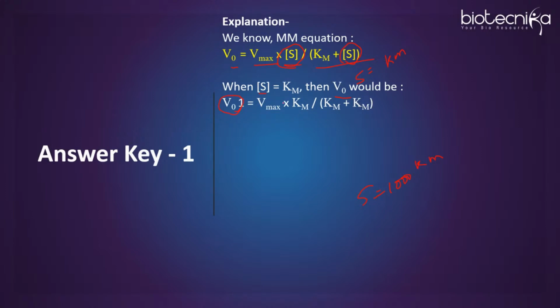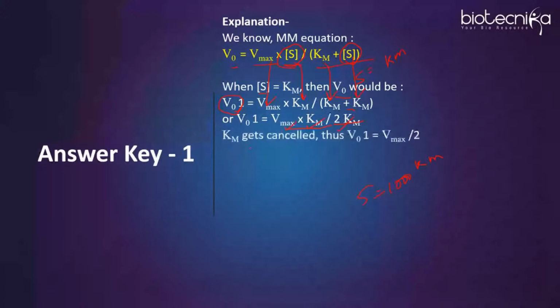So Vmax as it is, instead of substrate we are putting Km. Km plus Km will become 2 Km. Vmax into Km will be there. Km will get cancelled because it is multiplication. Basically, your V01 is Vmax by 2, or you can also say V01 is 0.5 Vmax, right?